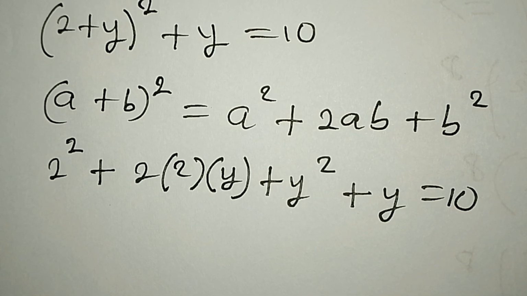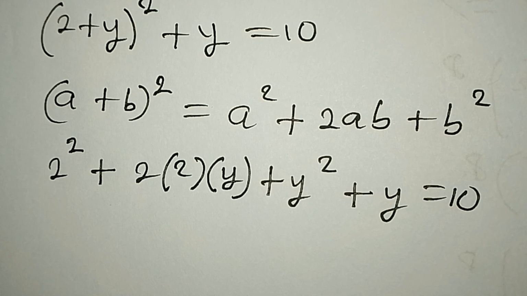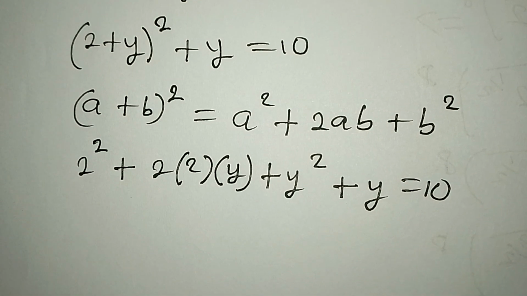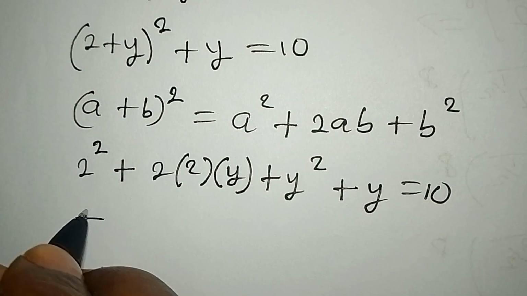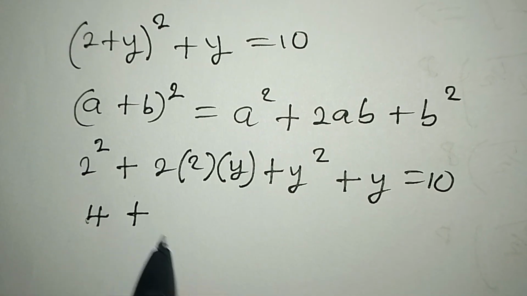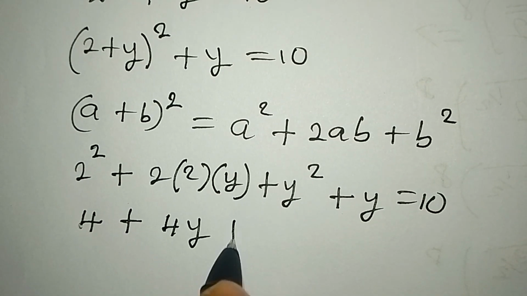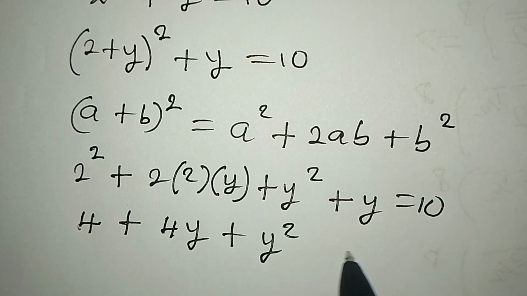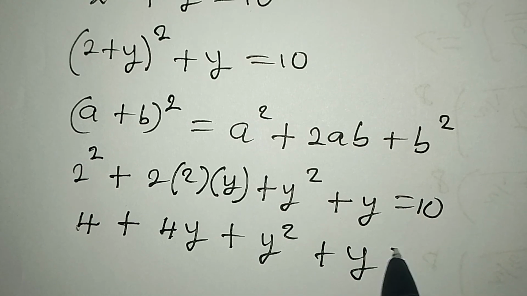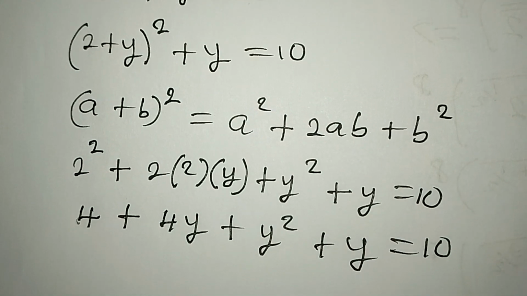Now for us to continue, we are going to have 2 squared is 4, plus 2 times 2 times y, that will be 4y, plus y squared plus y equals 10.